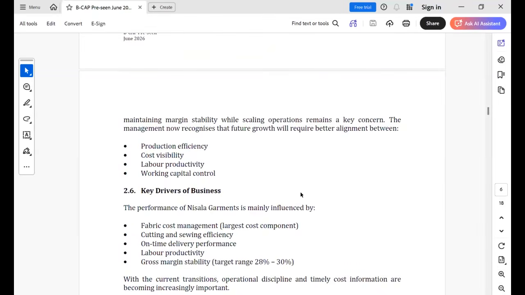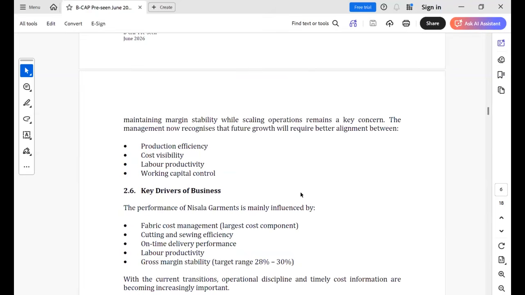Right? So maintaining margin stability while scaling operations remains a key concern. That's true, because every day when the rupee is depreciating against the dollar, you have to pay more and more rupees to purchase the same quantity, right? When your expenses are higher because of the currency depreciation, you can't pass that burden to the retailer, because the market price is more or less constant, right?